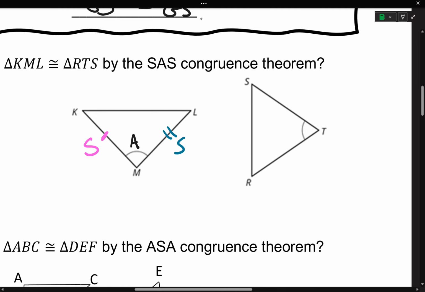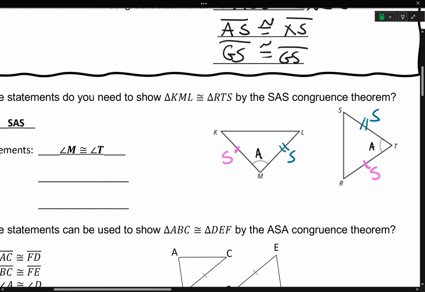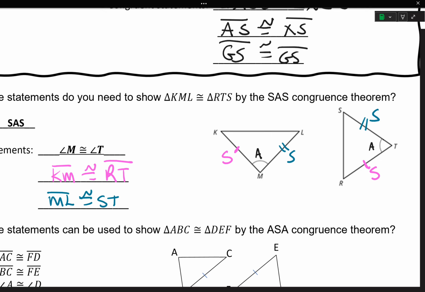Let's do the same thing with this one. We would have that KM is congruent to RT, and we could also say that ML is congruent to ST.